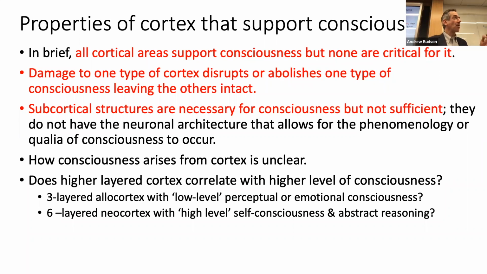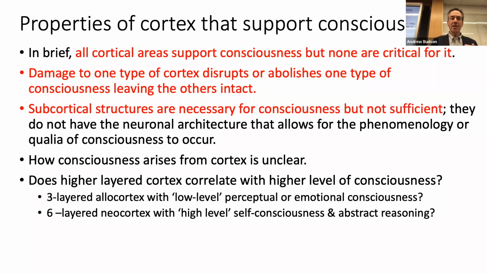Damage to one type of cortex disrupts or abolishes one type of consciousness while leaving others intact. And I'm sure that Swathi and any of you others who have worked with patients who've had strokes or traumatic brain injuries know this, and what I see in my clinic of patients with dementia, I see this every day.